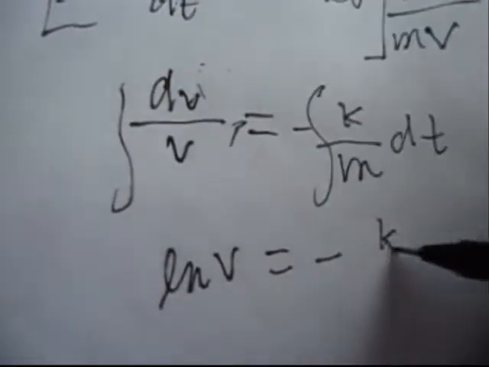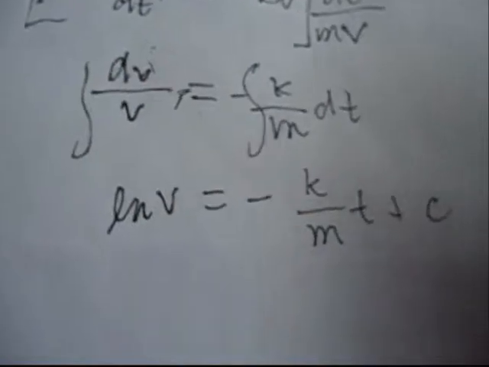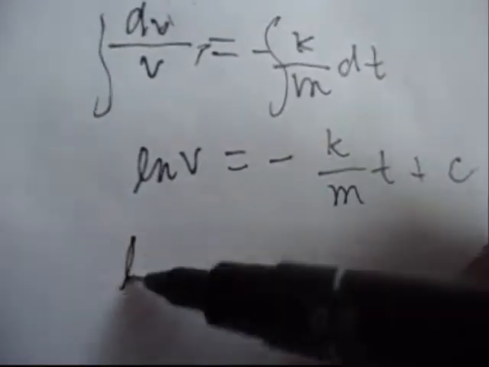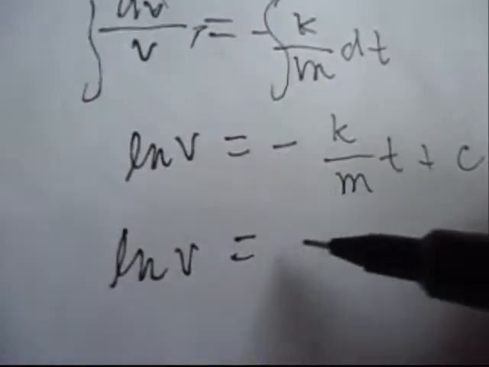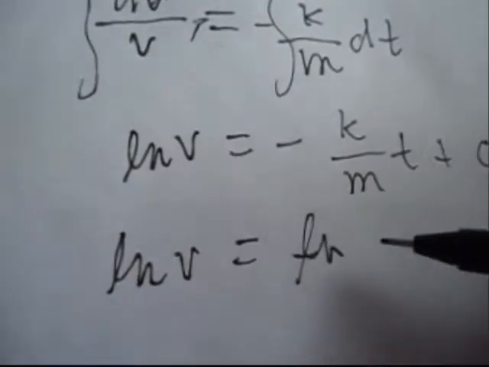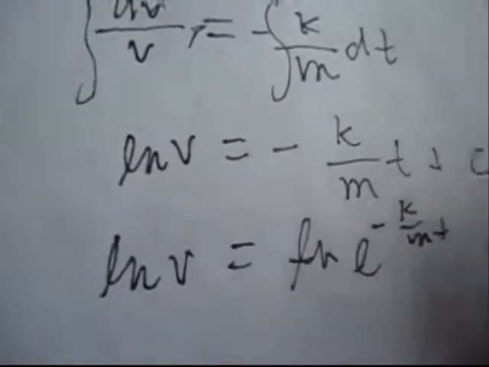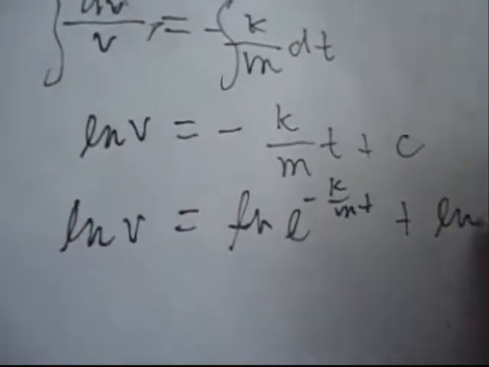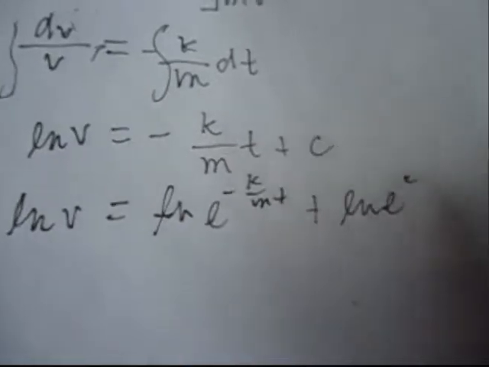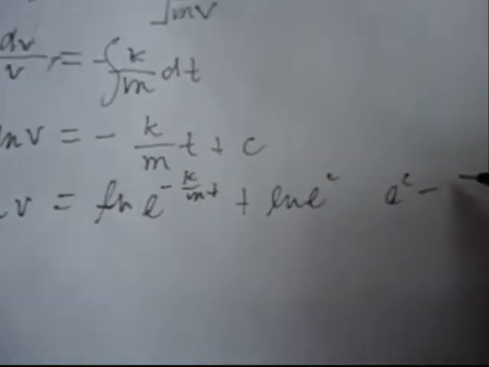So we have ln v equals negative k over m t plus c, where c is an arbitrary constant. To make it easy, this becomes ln of e to the negative k over m t plus ln e to the c, and we let e to the power of c be our c1.